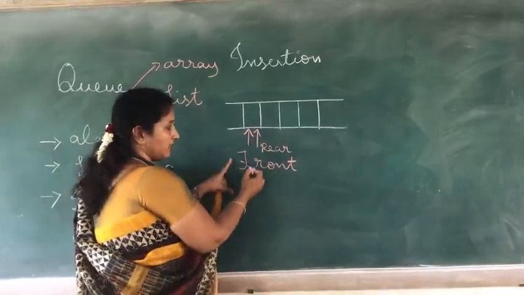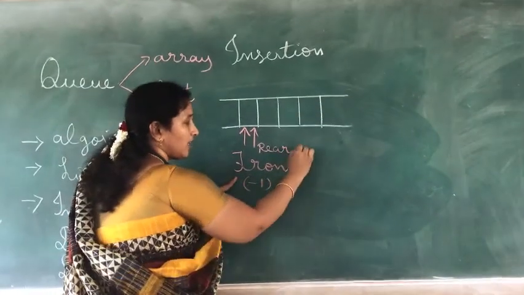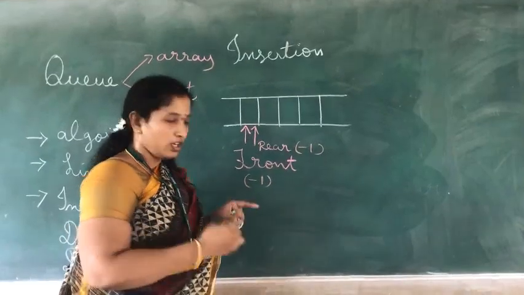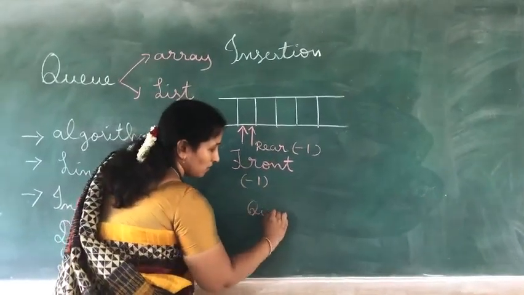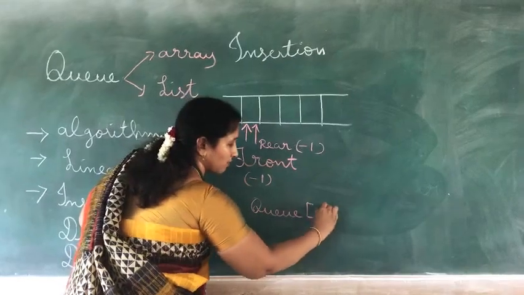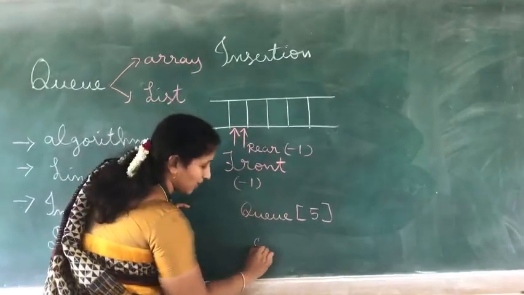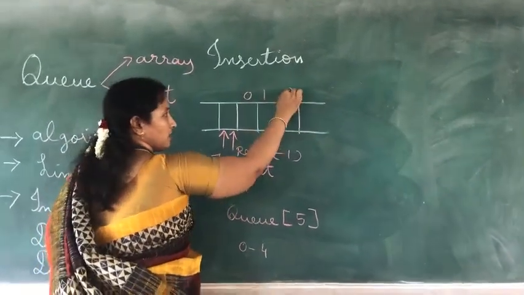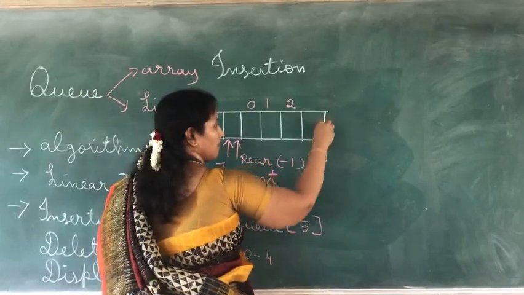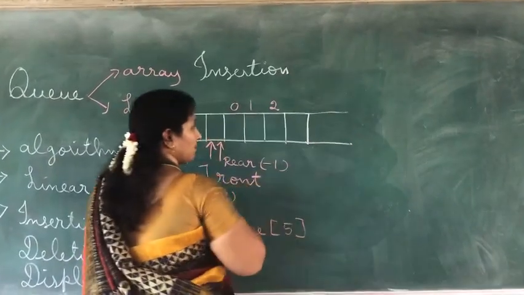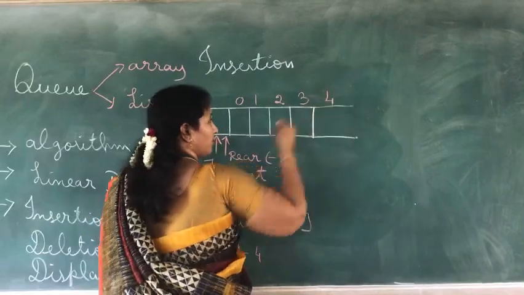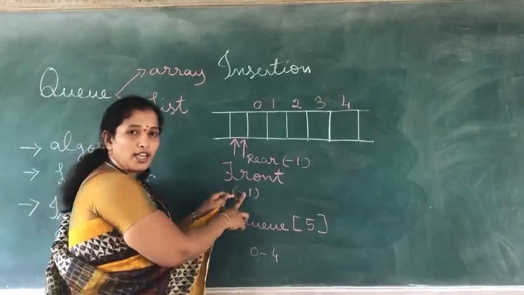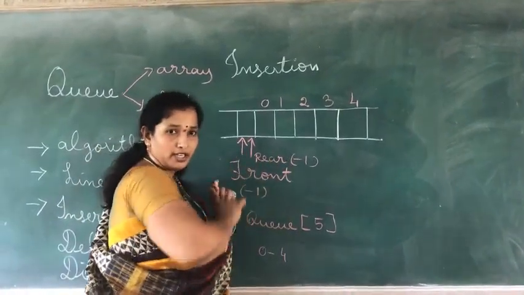Basically I will initialize the rear and front pointers as -1. For example, when the queue size is 5, my allocation will run from 0 to 4: 0, 1, 2, 3 and 4. This is my queue size, and initially the front and rear pointers are -1.